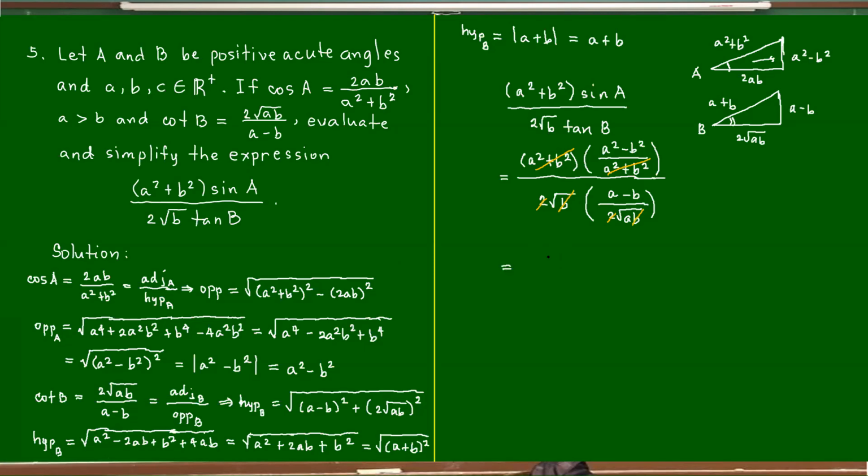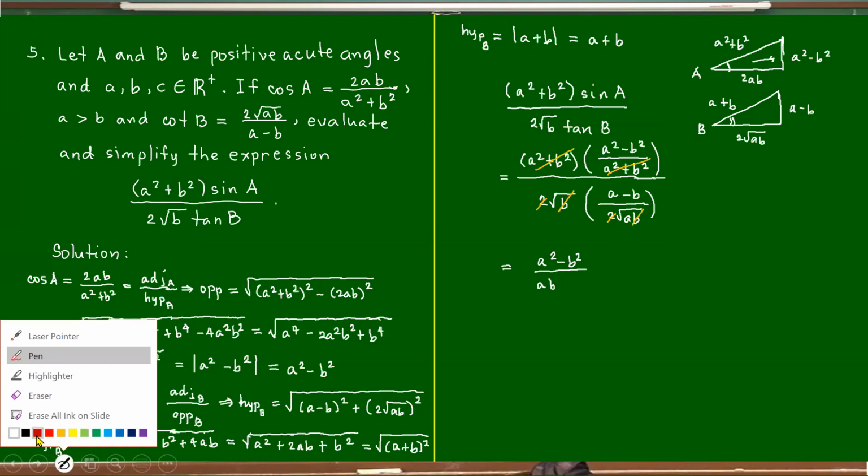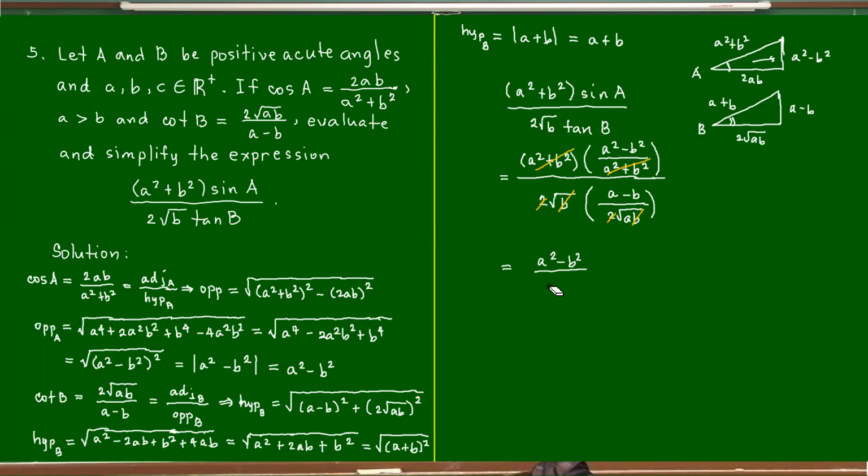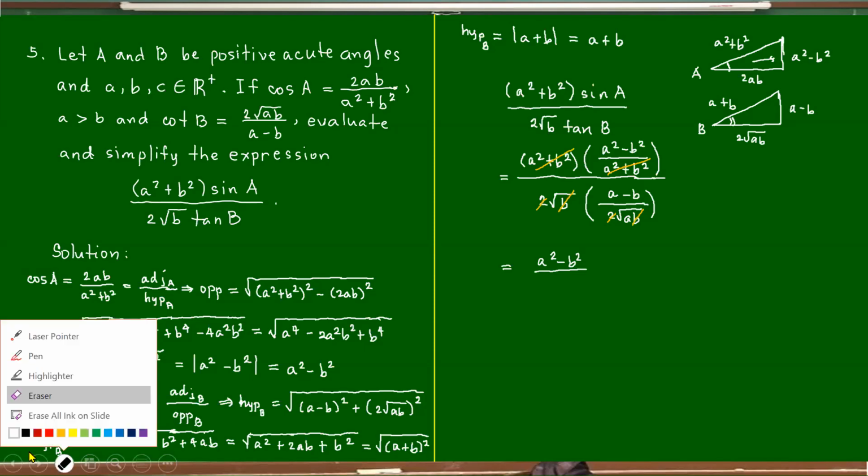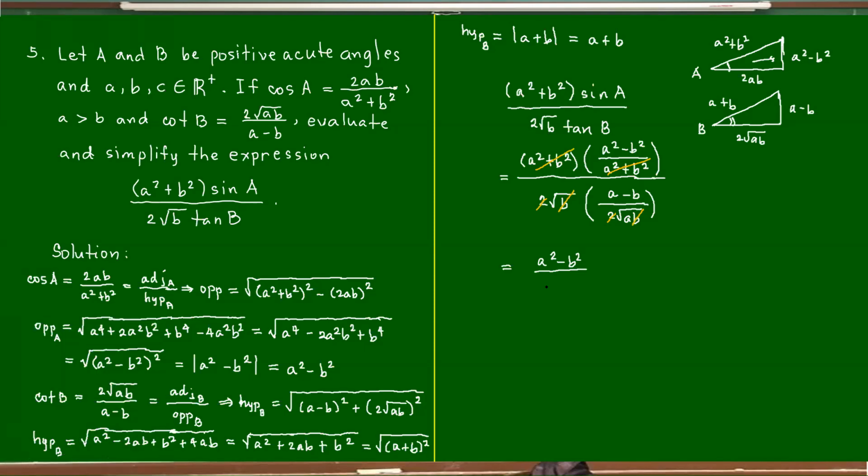We have A squared minus B squared all over A minus B, over square root of A. Okay?